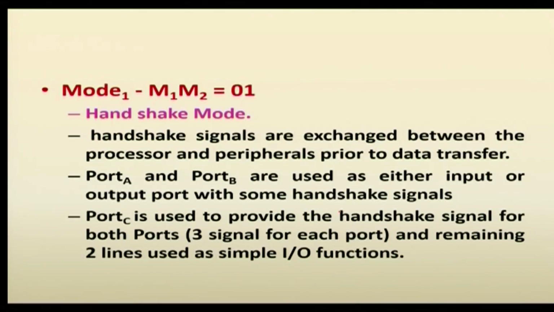The 3 signals from port C are provided, and the remaining 2 signals may be used as IO ports. So, port C has 8 signals. Among the 8, 3 bits for input, 3 bits for output, and the remaining 2 bits can be used as simple IO. This is the function of mode 1.